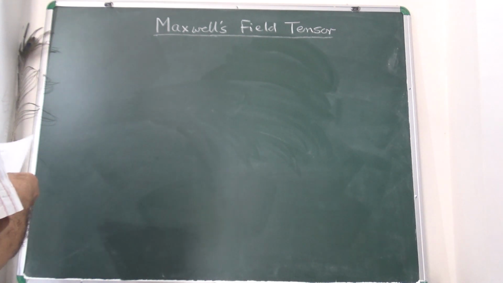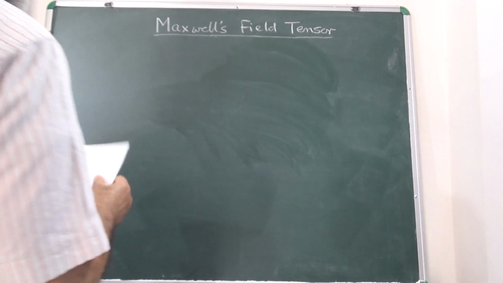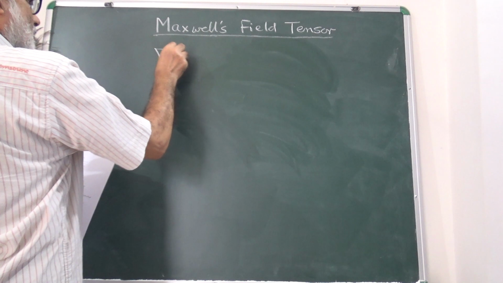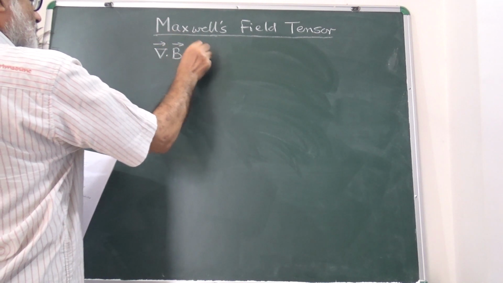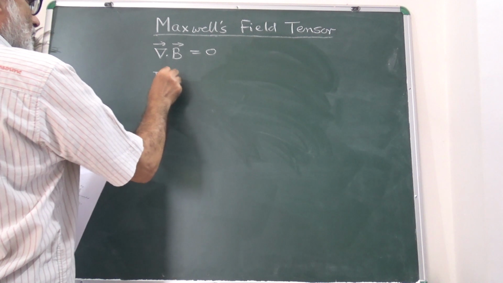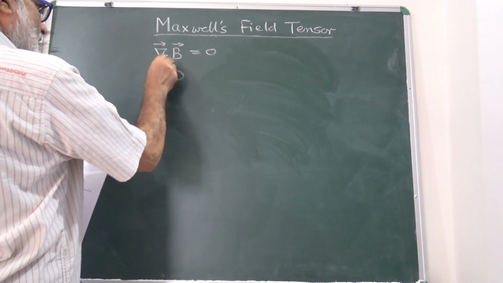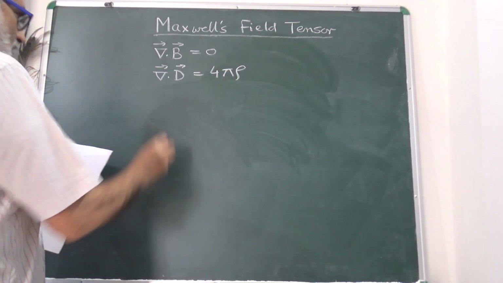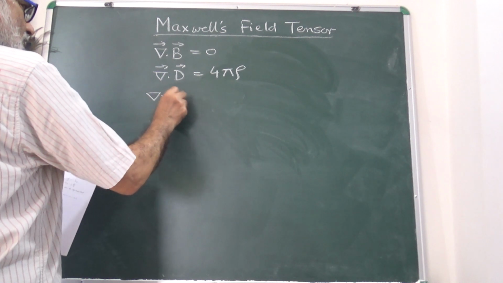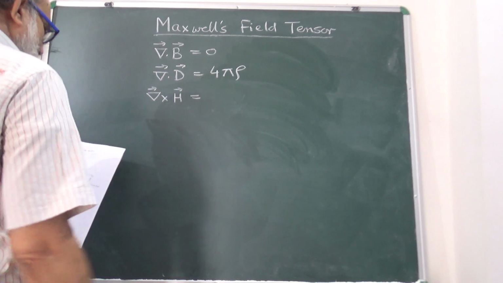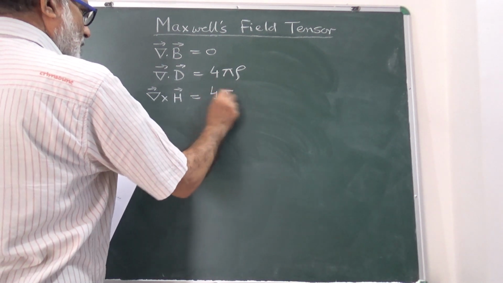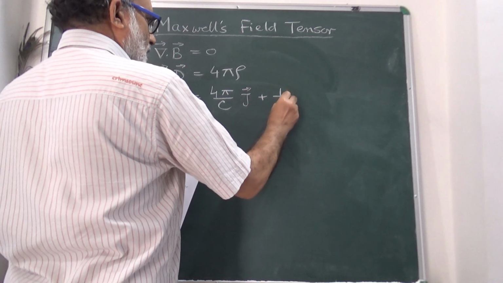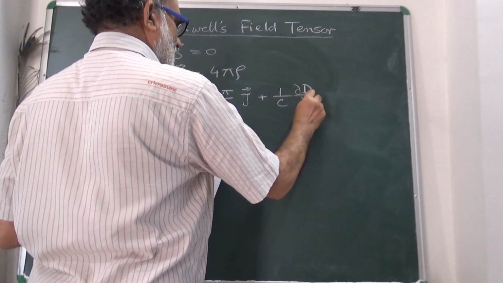Maxwell's equations, everyone knows them: the four Maxwell's equations of electric and magnetic fields. Divergence of B is 0. Divergence of D is 4 pi rho. Curl of H is 4 pi by c J plus 1 by c dD by dt.